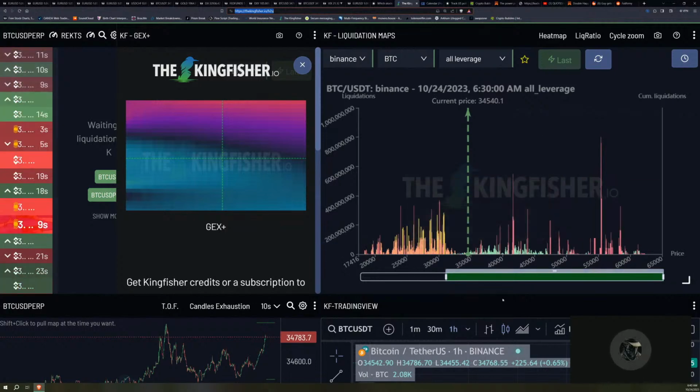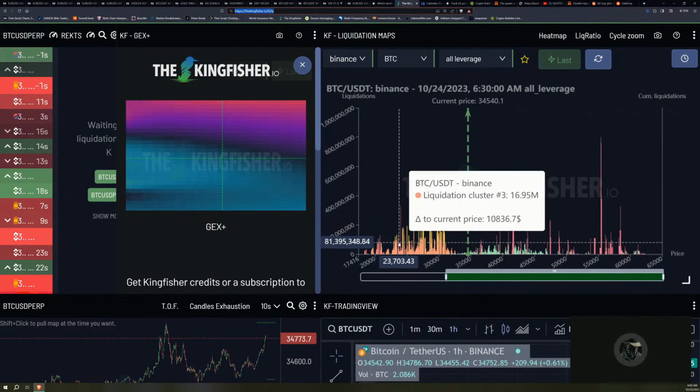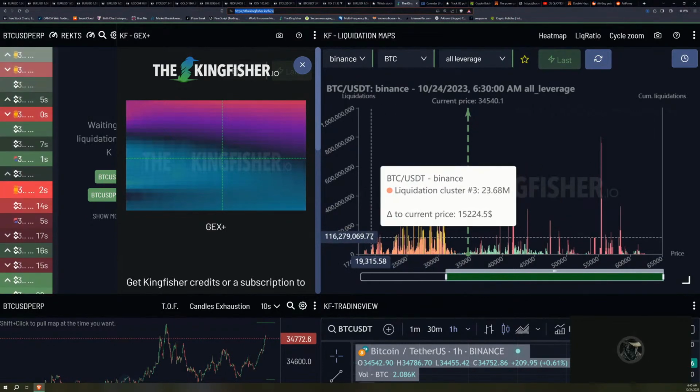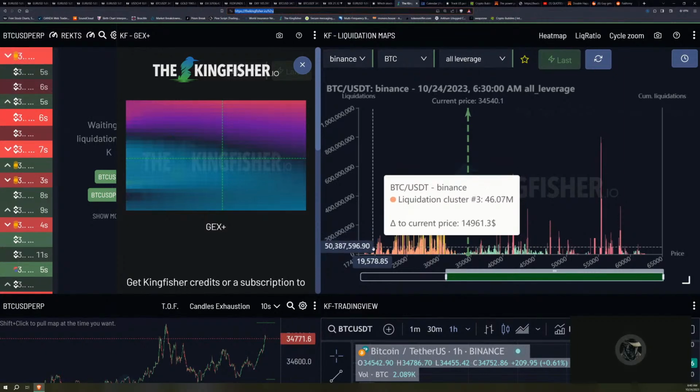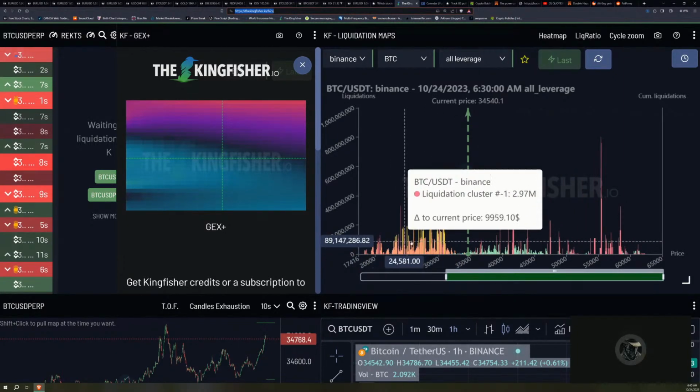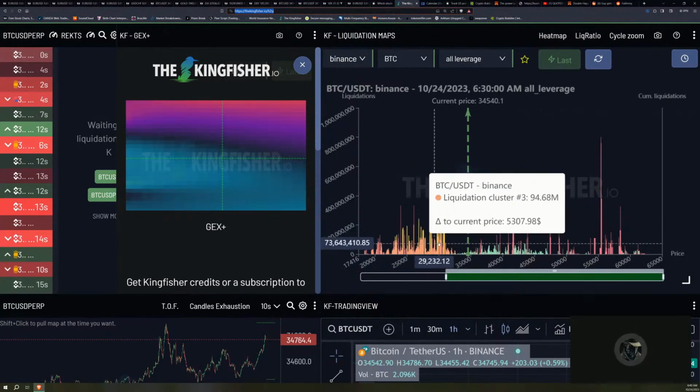So this November is suspect to see price dip down and probably go to the low 20s and maybe even lower. If you looked a few days ago, last week when I did this, there was a lot of liquidity down at 19,000. Now a bunch of liquidity is built up in the 20,000 area. So there's a lot of reason for price to be pushed down to this area.